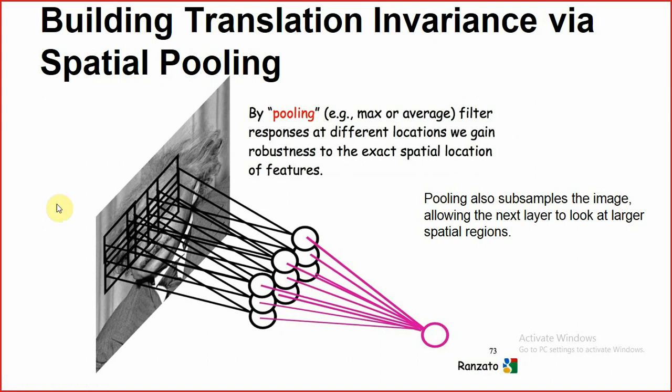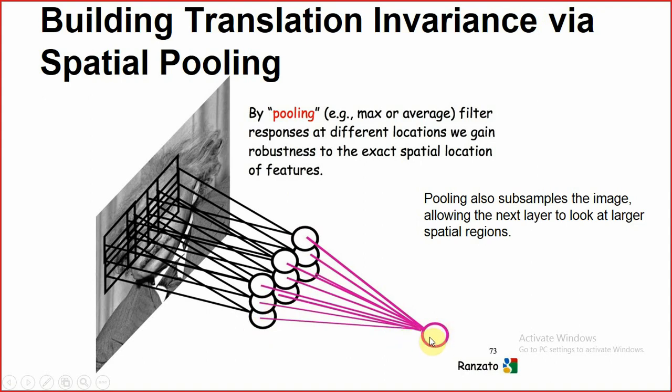As you can see here, we know that there is one eye in this part. So one of these neurons' output is the highest one. We only consider that part. So instead of these 9 locations, I only consider the maximum one.